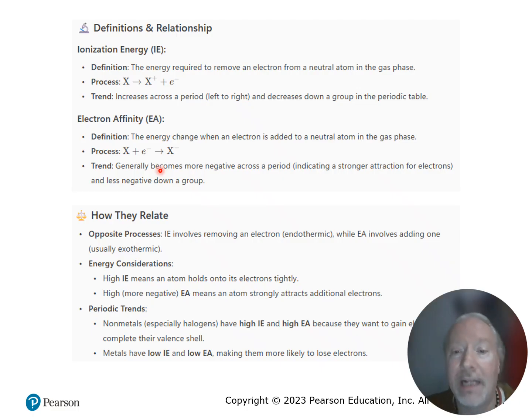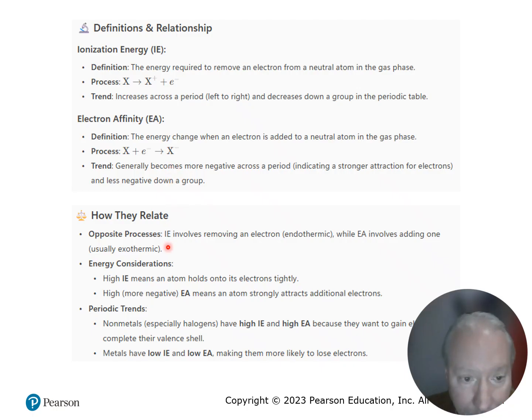Of course, it goes down once we start going down a column instead of going across rows, and we go in a vertical fashion. It actually gets less negative, and it's not so energetically favorable, even though it is favorable, because the core electrons reduce the attraction for a new electron by that atom.